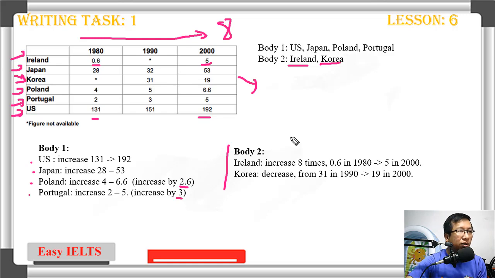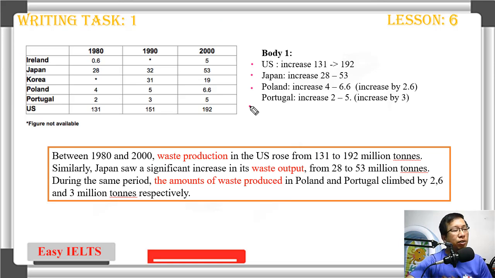In body 2, you can see Ireland, the number increased 8 times, from 0.6 to 5, and Korea from 31 to 19. Okay, so this is the layout that we use.